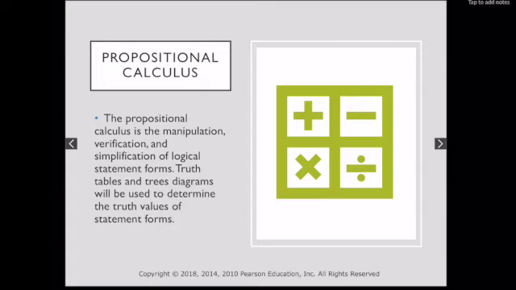So propositional calculus is the manipulation and verification of logical statement forms. So we're going to use truth tables and tree diagrams. Not really tree diagrams so much, but primarily truth tables are going to be used to determine the truth values of these statement forms.